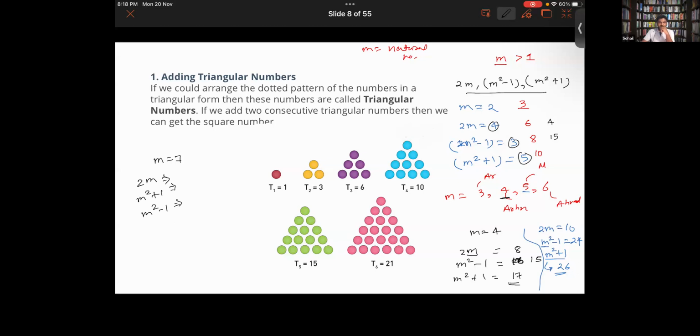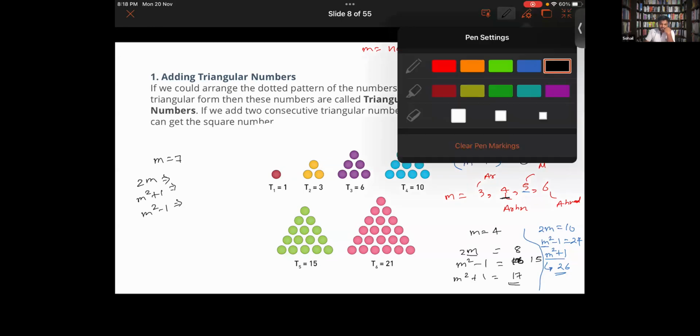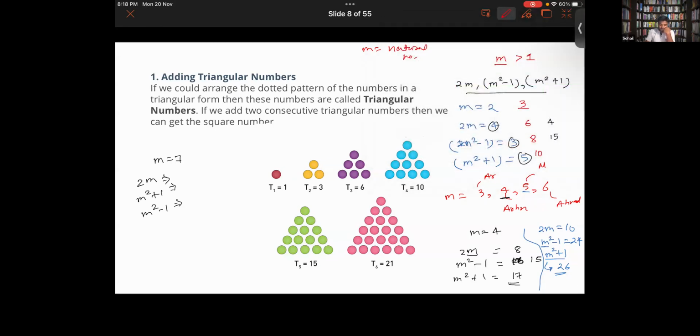I got 2m is equal to 14. Then we have to find m square plus 1, right?